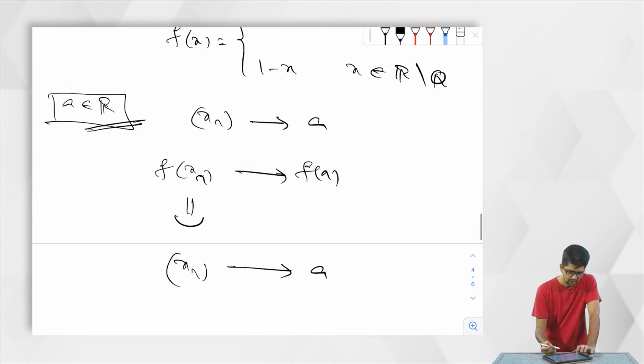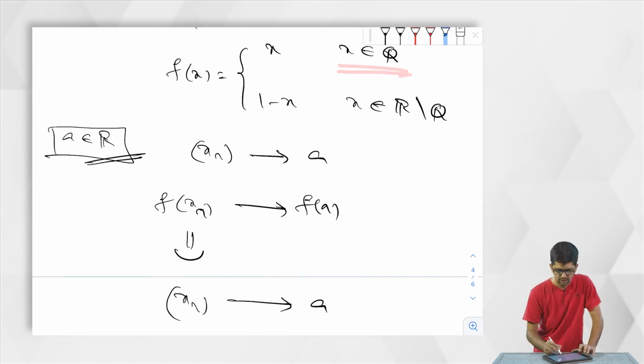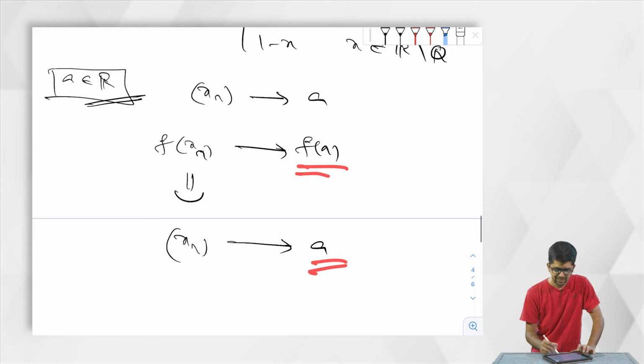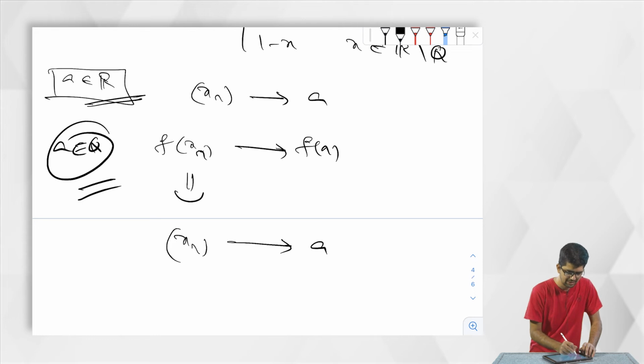Now suppose a is a rational number, then f(a) is the same thing as a, and we are done. So suppose a belongs to Q, then for a rational sequence that converges to a, we have f(x_n) converges to f(a).